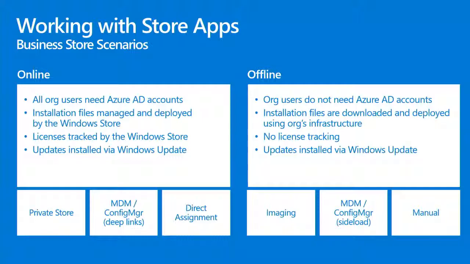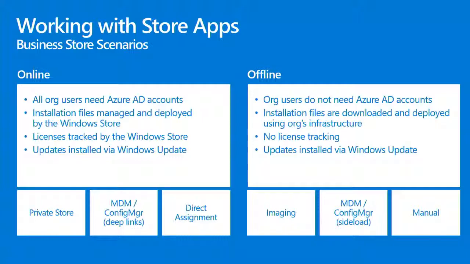Offline scenarios, the only person that needs to have an Azure AD account is you, the administrator who signs into the business store. So you sign into the business store, you get the installation files, you download them, and you deploy them yourself. The users don't need Azure Active Directory accounts. It doesn't matter what kind of accounts they're using. They could be Active Directory joined, internet disconnected. They don't need anything like that.